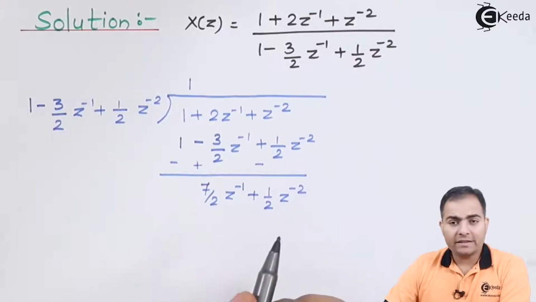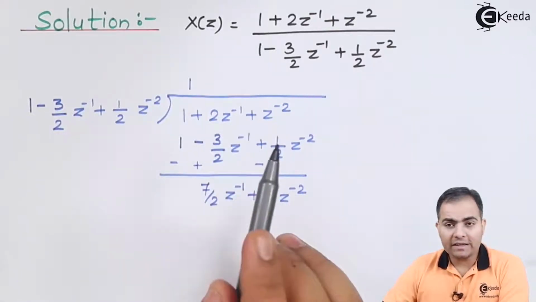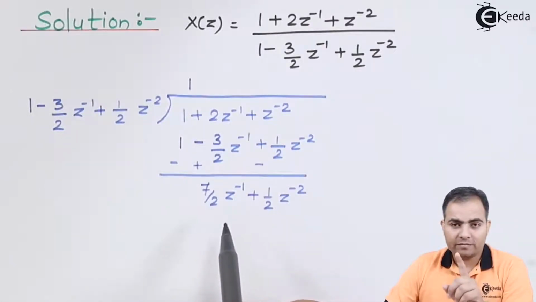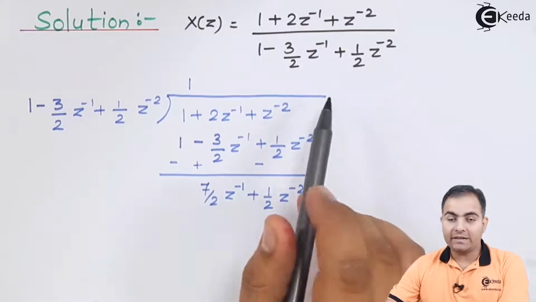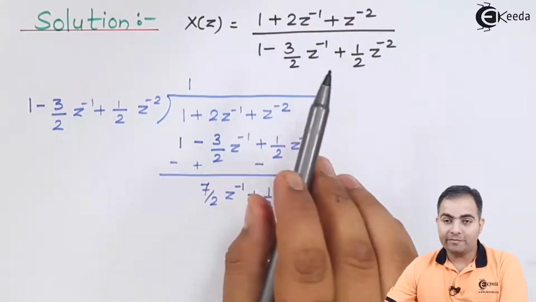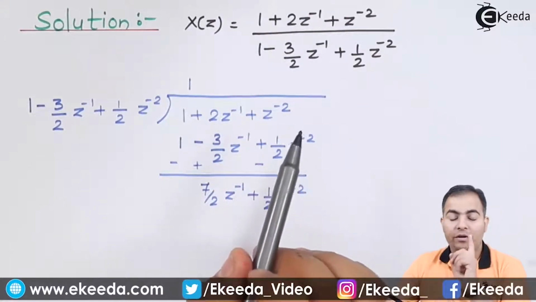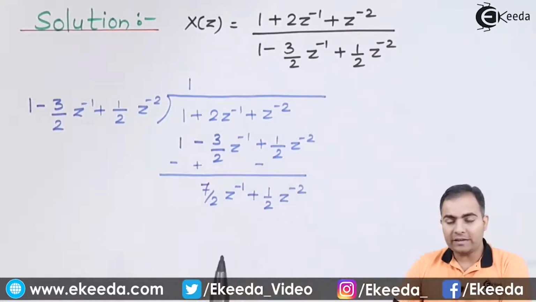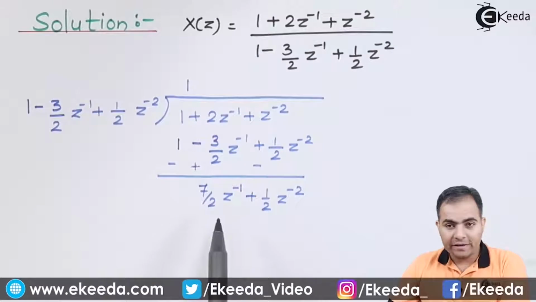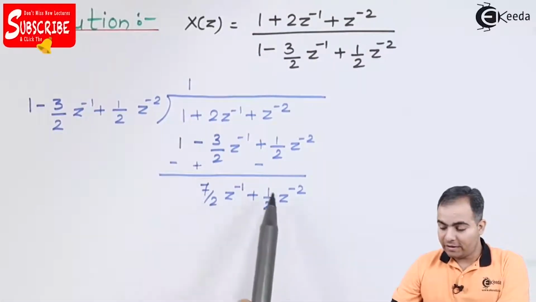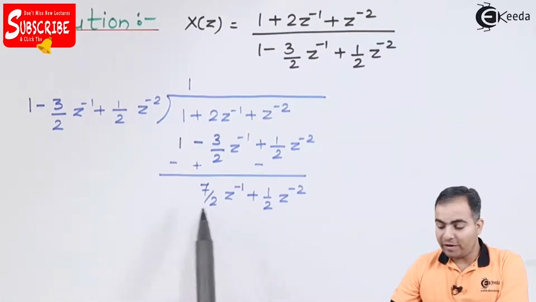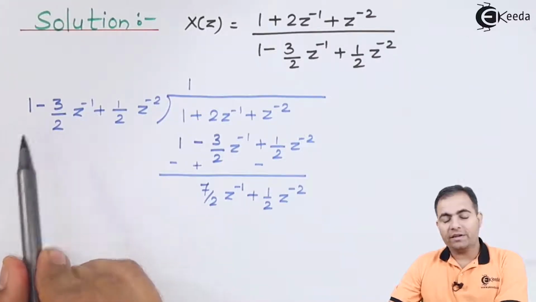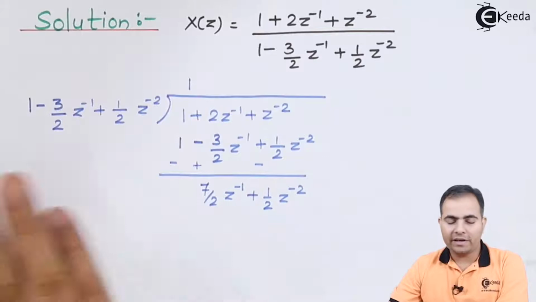As I said, if the degrees are the same, then you have to divide the numerator only once by the denominator. Or you can say that after dividing, if the remainder degree is lesser than the divisor, then we can stop our division.